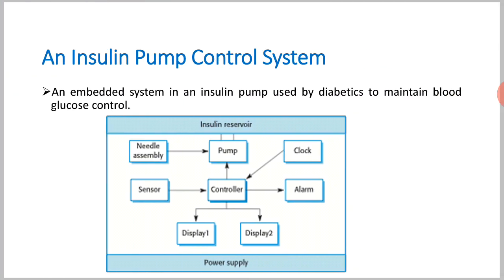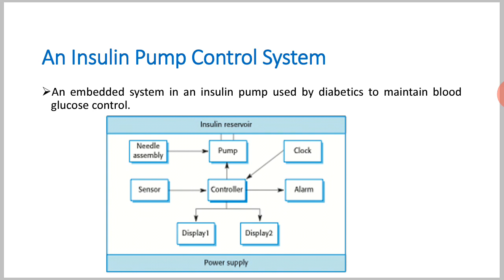An insulin pump control system is an embedded system. It is used by a diabetic patient to maintain blood glucose control. As all of you know, sugar is nothing but the glucose level in the blood. And you know the normal procedure today for how a diabetic patient takes treatment.